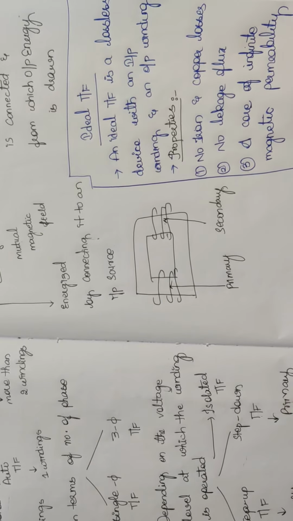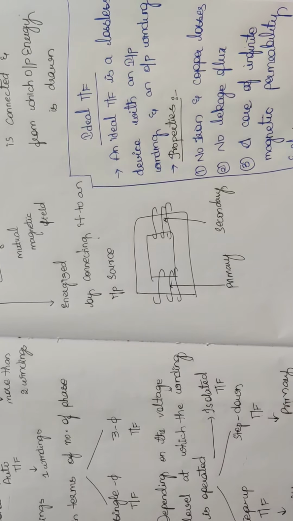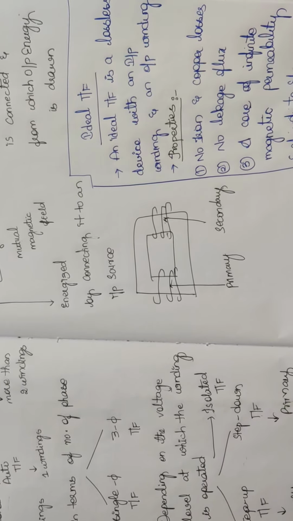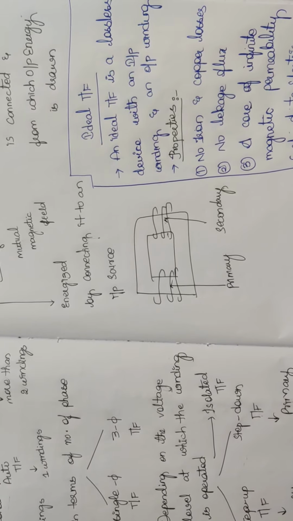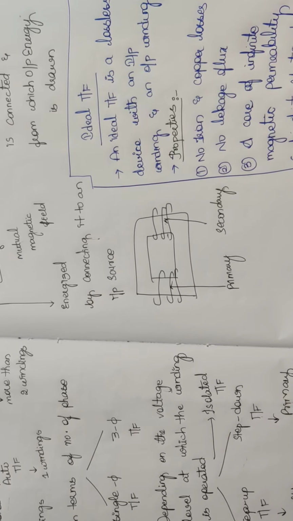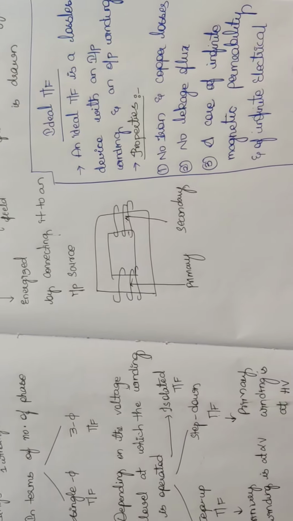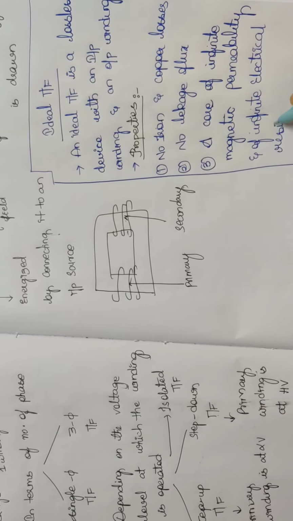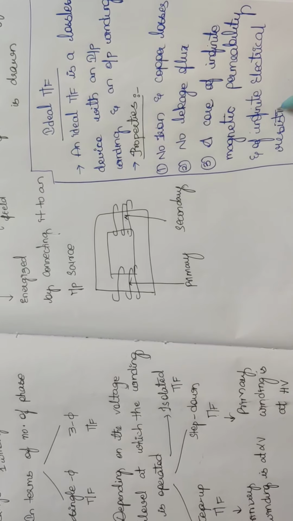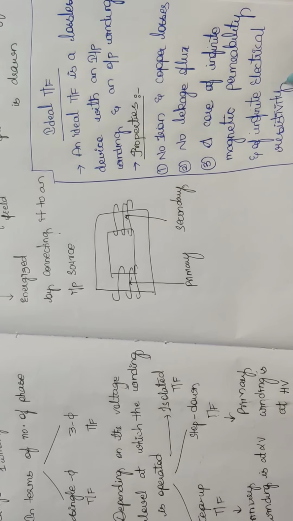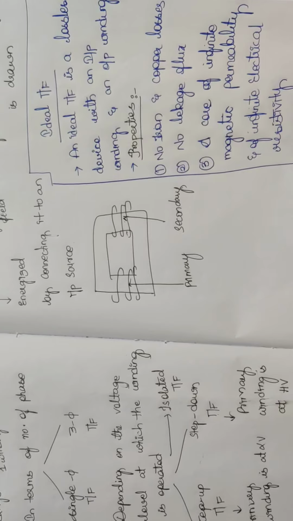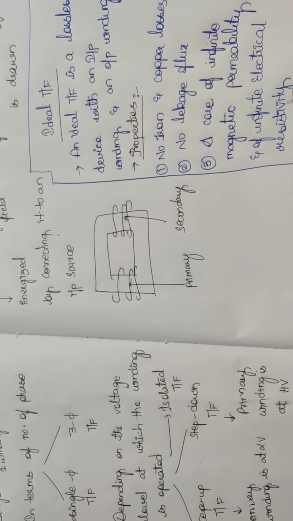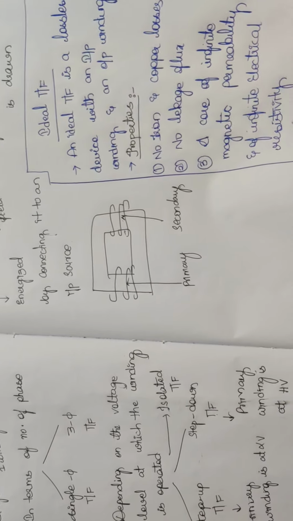And of infinite electrical resistivity. That core will have these properties, but practically it is not possible. Infinite magnetic permeability and infinite electrical resistivity. Next, the flux is confined in the core and the winding resistance is negligible, that is, the winding resistance will be 0.